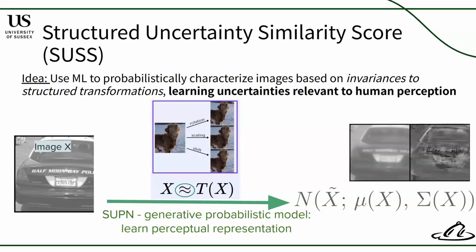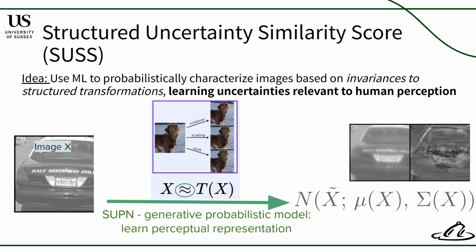So we came up with something that we called SUSS, the Structured Uncertainty Similarity Score, using machine learning to probabilistically characterize images based on these invariances. So we're trying to learn some representation of the images in different perceptual components in order to learn which types of structure are invariant to human perception.